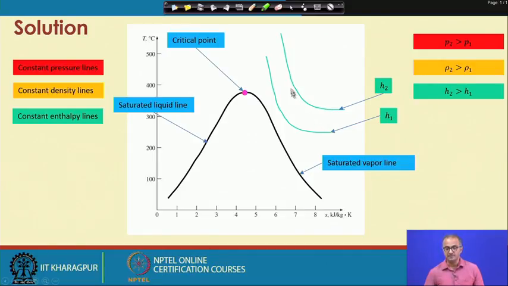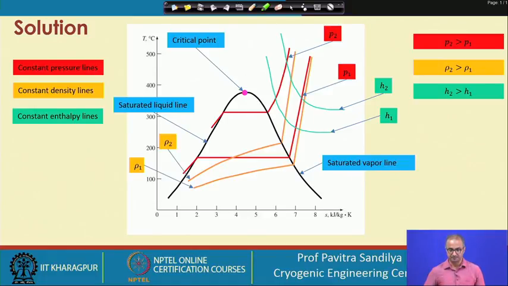That means, if we move vertically down, the enthalpy is decreasing. So, in case of pressure and density, the value decreases as we move from right to left, whereas in case of enthalpy, the value decreases as we move from top to bottom. This is how these things are arranged in a typical TS diagram.